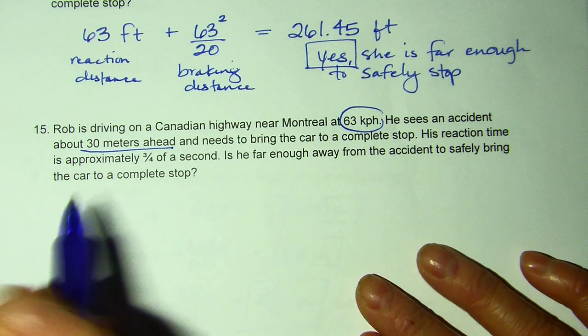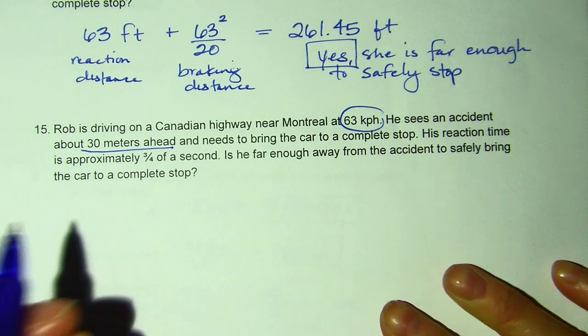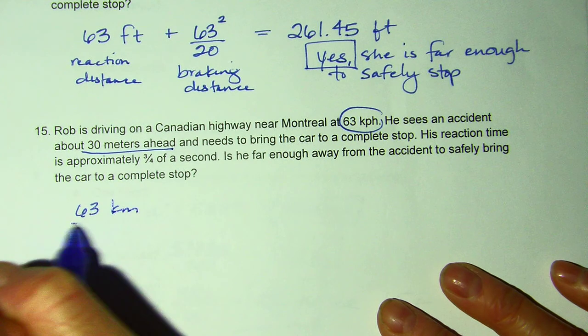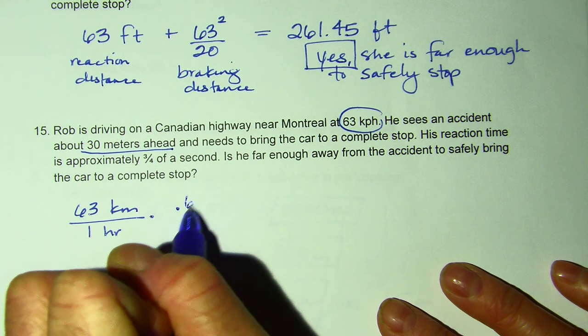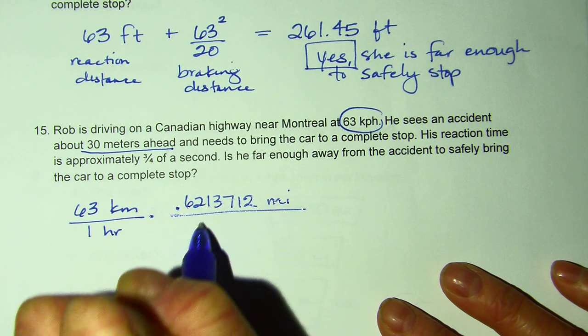All right, so first, I'm going to convert this. I believe we had to convert this to miles per hour because I need to get it to feet, right? Because stopping distance is in feet. So I have to convert this as 63 kilometers per 1 hour times 0.621372 miles per 1 kilometer.